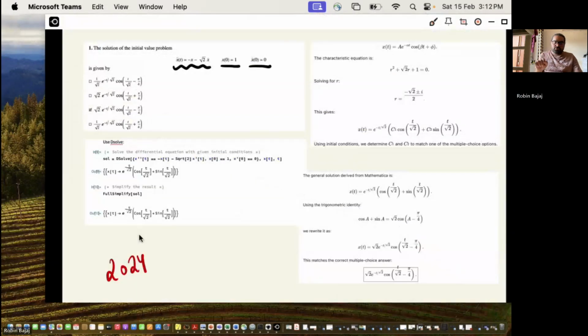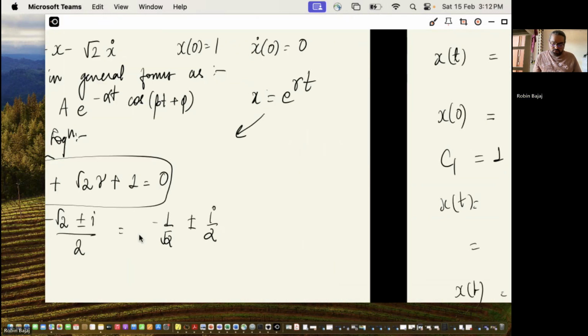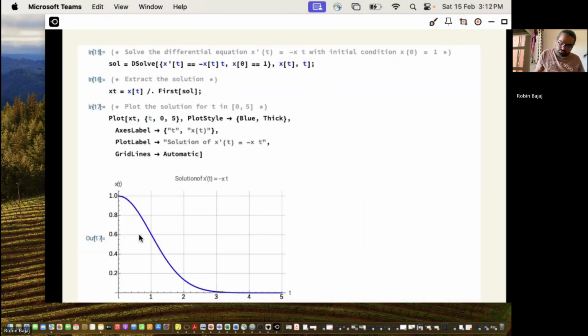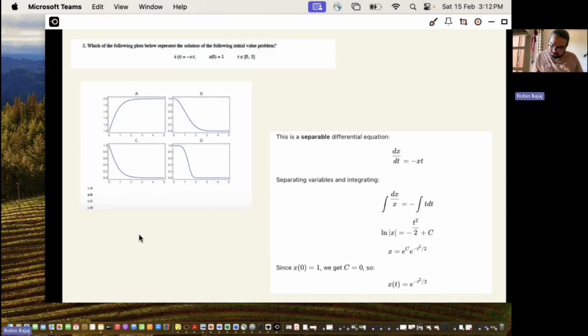Fine. So this is how you solve problem number 1, and these are the solutions. Let's go to problem number 2. It's also a differential equation. Now, what kind of differential equation is it? Let me add a page after this.